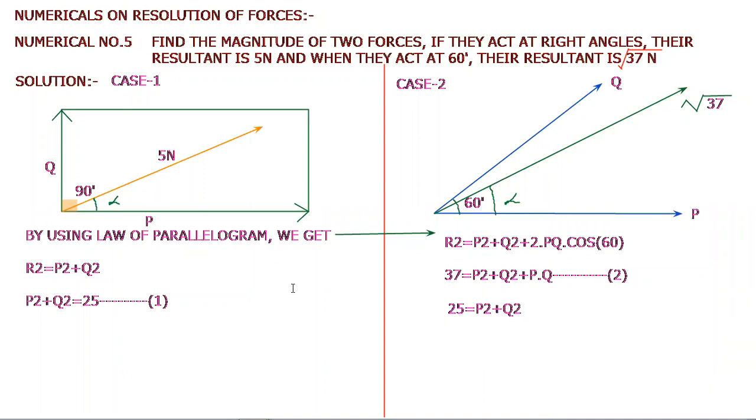So you have to subtract. You have to do the subtraction here for equation 1 and 2. Now at the end, you will get PQ is equal to 12.